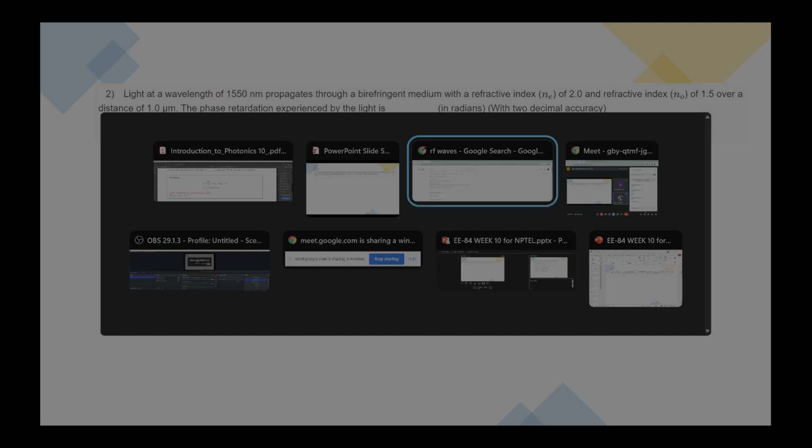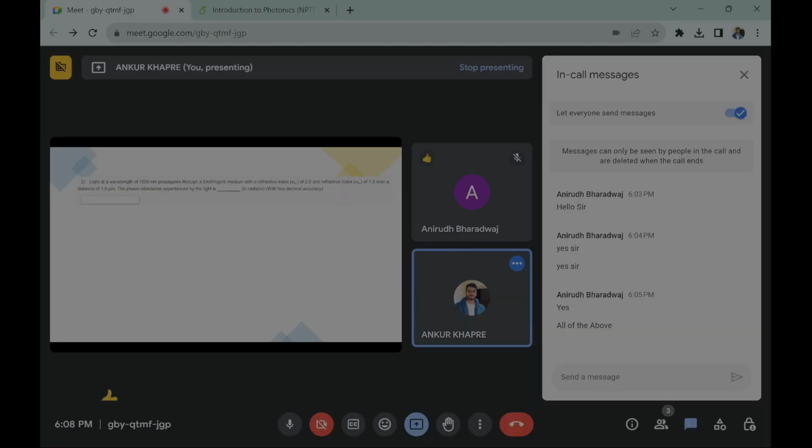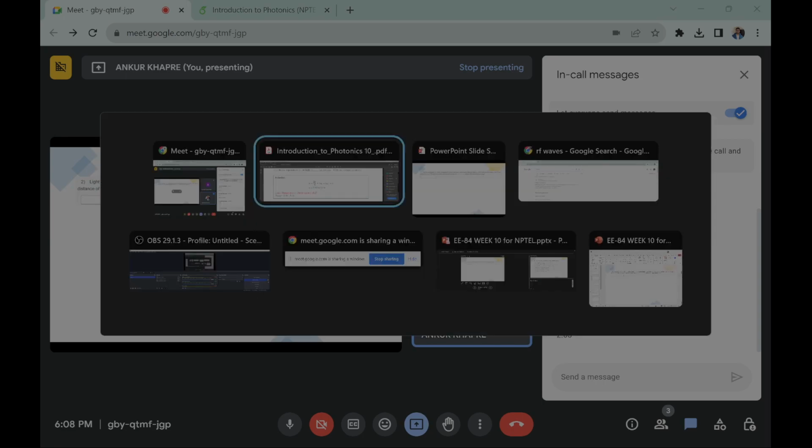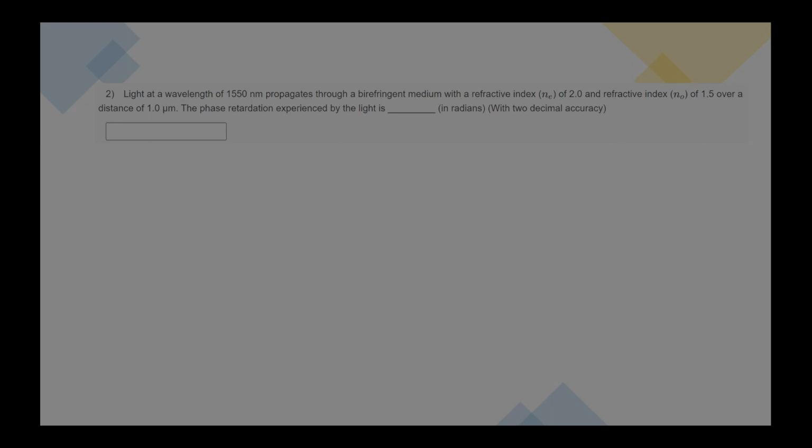So did you solve this one also? Anuj, did you solve this? Okay, what could be the answer here? Can you just let me know? 2.02. Yeah, very nice. So what you have to do: phi is equal to 2 pi by lambda into (Ne minus No) into d.